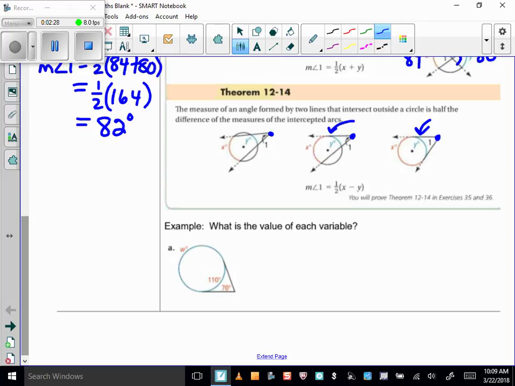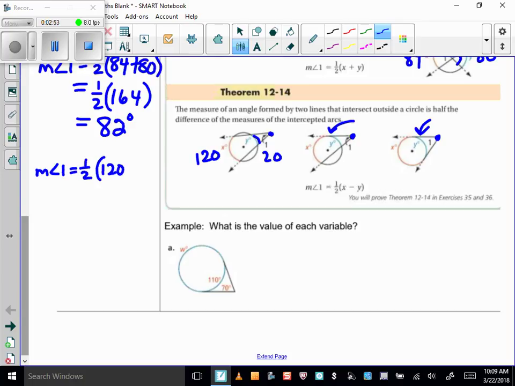So let's just put an example up here. Let's say x here is 120. And let's say this arc here would measure 20. Just making things up here. So what I've learned in this theorem is that the measure of angle 1 is 1/2 the difference.